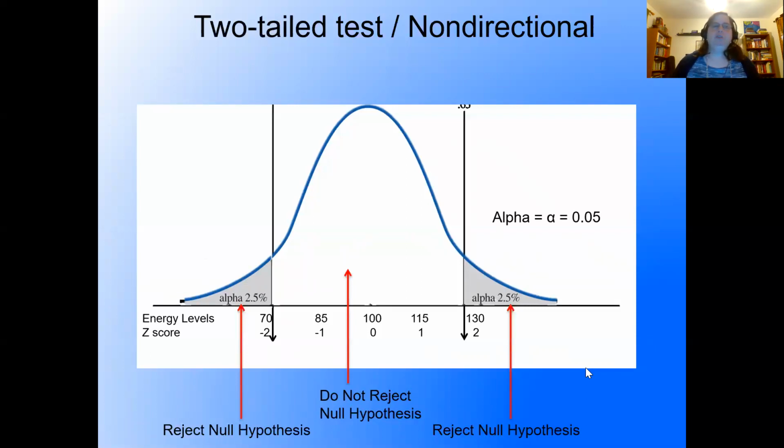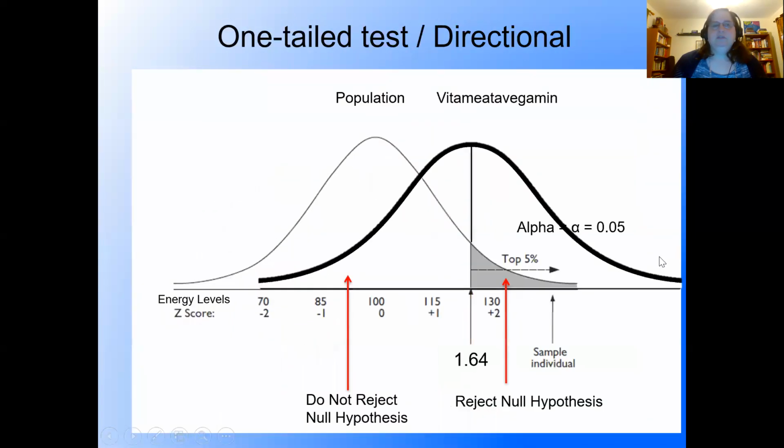Well, this is wonderful, because what I didn't like about the one-tailed test is that I had to commit. I had to say it's going to be higher, and if it didn't come out higher, but came out way lower, I still didn't get to reject my null. Right? So let's just look at that one more time. In this example, I had to commit and say it would come out way higher.